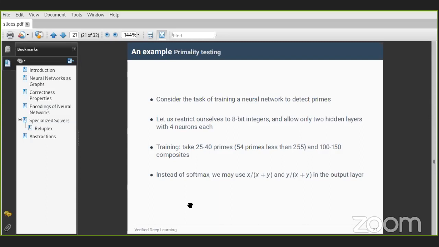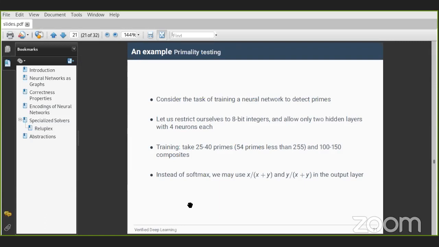So this network is being trained to detect 8-bit numbers as prime or composite. This is what we are trying to do. And like I was saying in the last slide, instead of softmax, you may use x by x plus y and y by x plus y in the output layer.